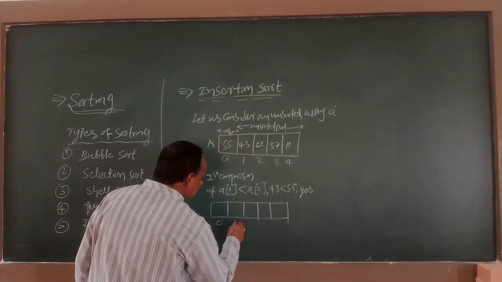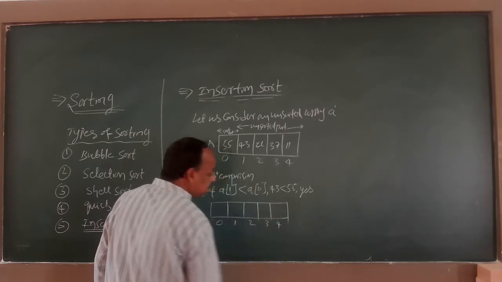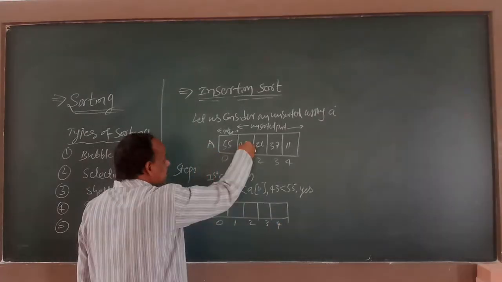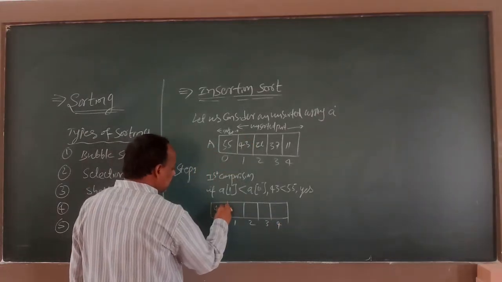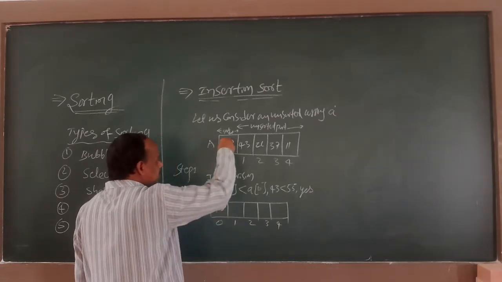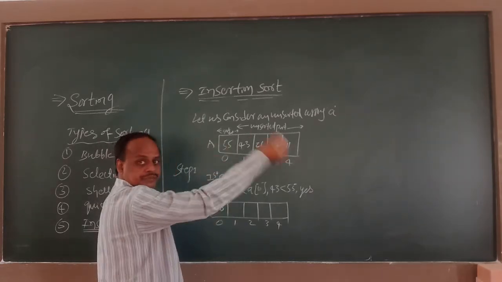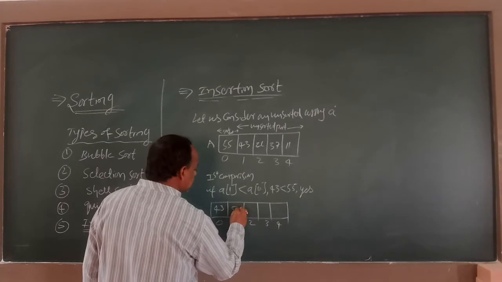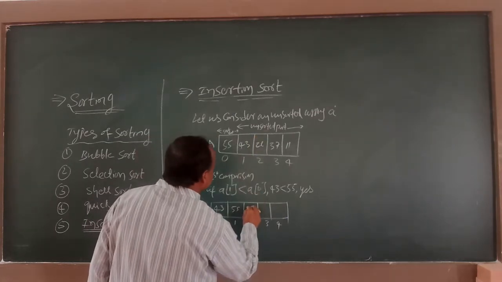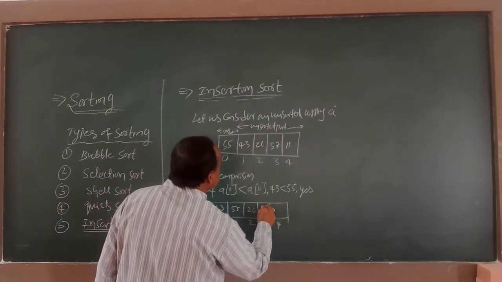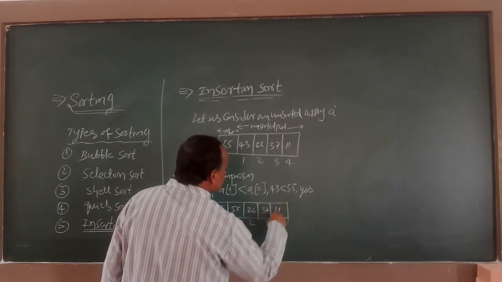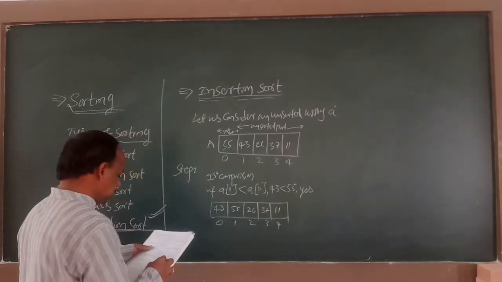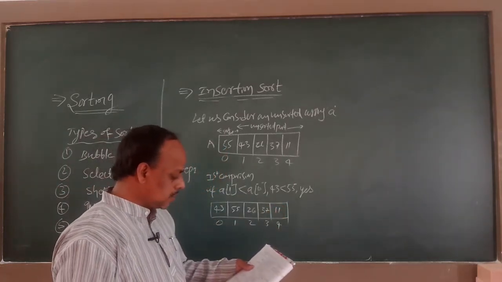The positions are 0, 1, 2, 3, 4. So the second element, 43, is placed in the first position, and the first element, 55, is shifted to the second position. The remaining stay as they are: 26, 37, 11.